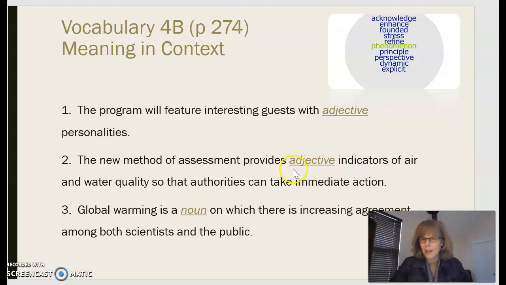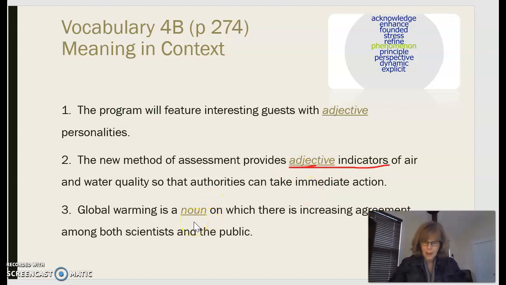So a good adjective that I would use here is explicit indicators, talking about very clear indicators in this assessment, looking at air and water quality, looking at characteristics that point to or that indicate, that show, that are signs of air quality and water quality. But explicit would work well here.